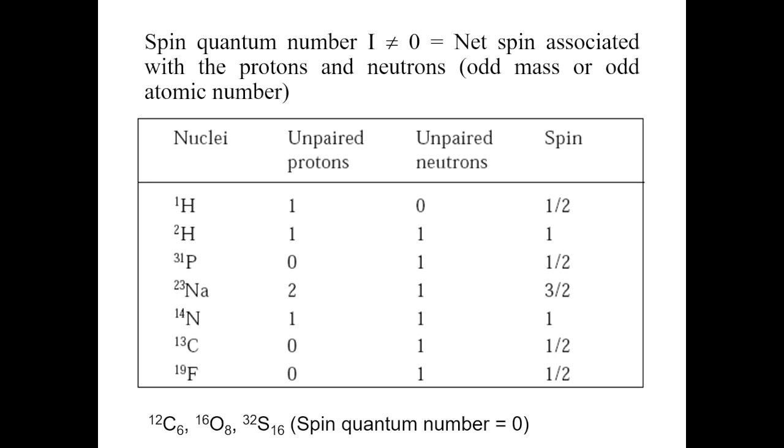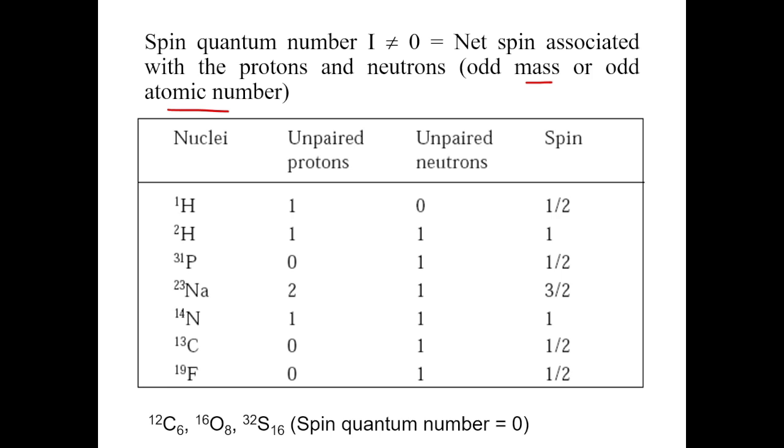Now, which type of nucleus is NMR active or can be used for NMR spectroscopy? Those nuclei which have either an odd mass number or an odd atomic number can qualify to become NMR active, because nuclei with a net spin number equal to 0 will be NMR inactive.